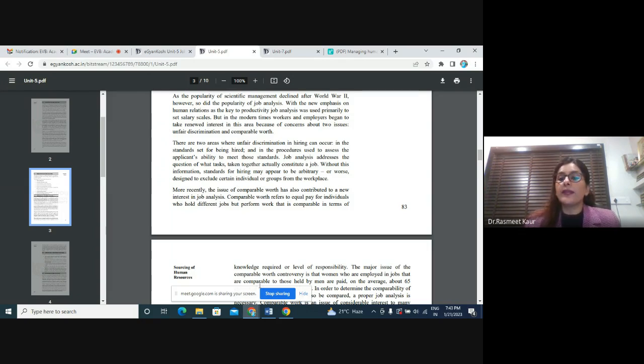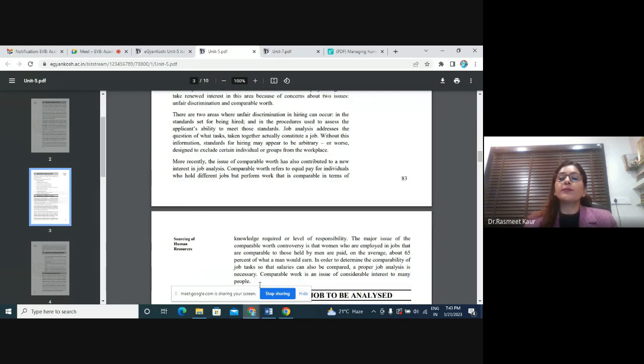Understand it this way: the more you make a description, the more you give your specifications, and the more clarity you give about that particular job, the more effective your recruitment process will be. Job analysis is basically this. It is where you address what the role, responsibility, and duty of that job holder are, what knowledge, skill, and ability you are looking for, and what the experience level and qualification are.